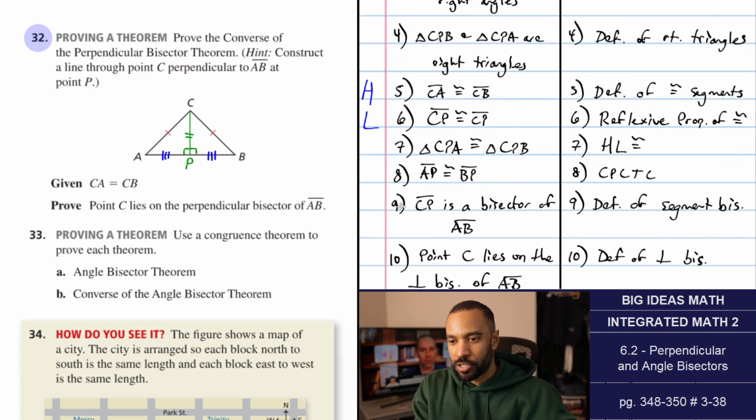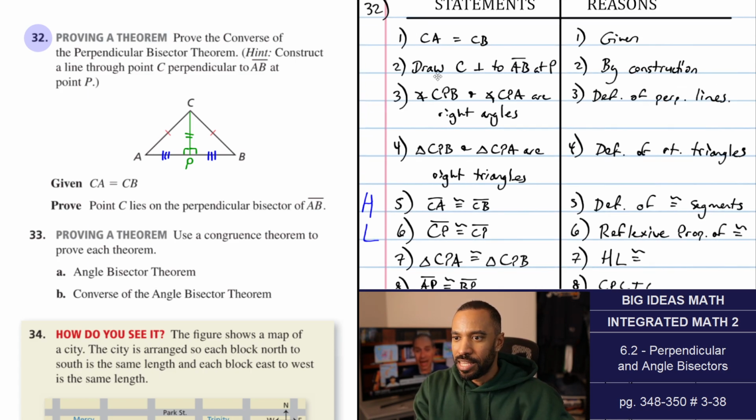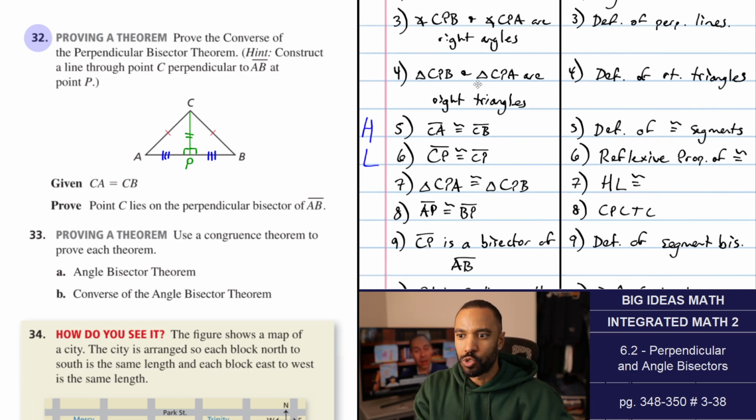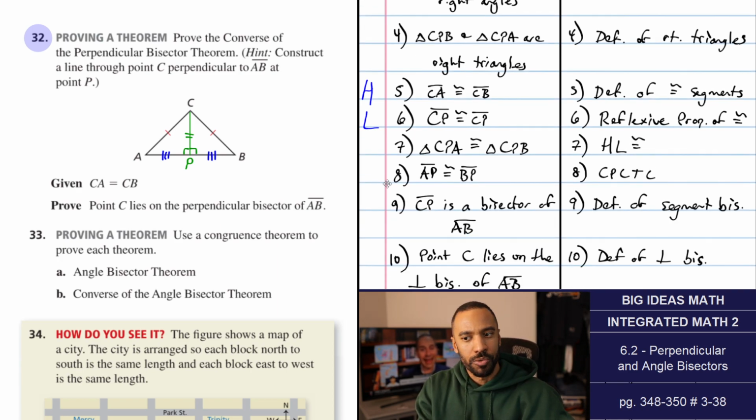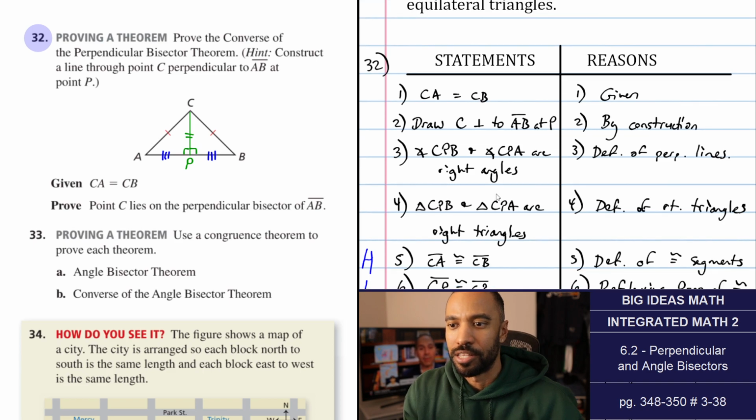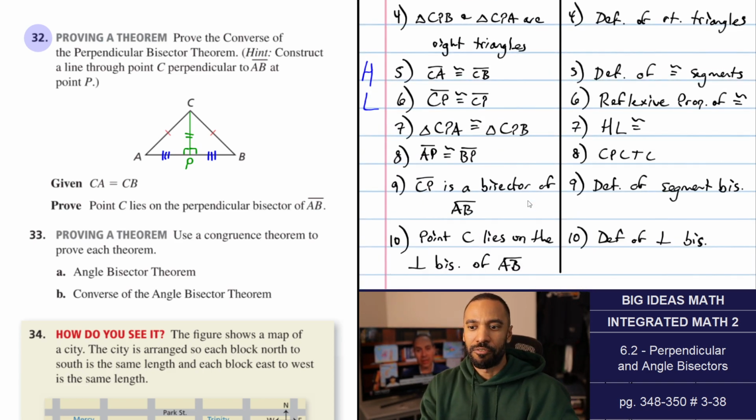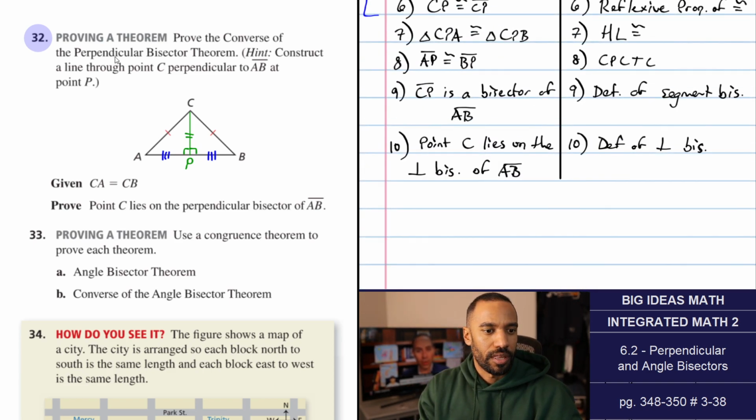The bisector, statement 9, was the other part of statement 10 right there. But 9 came from 8, 8 came from 7, 7 came from 5 and 6. And then the perpendicular part led to the right angles, which meant right triangles, which meant I could use HL. So there were all the concepts. So no statement was wasted. Every statement was used there.